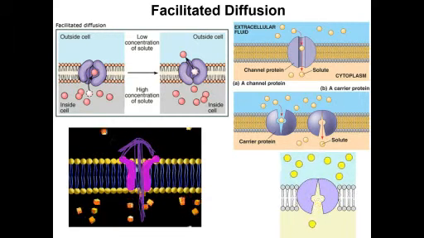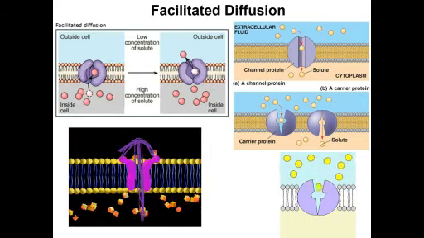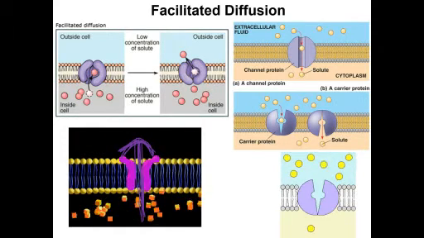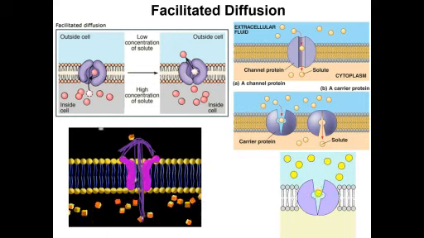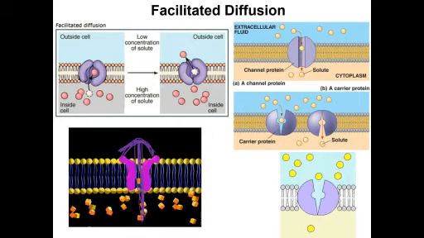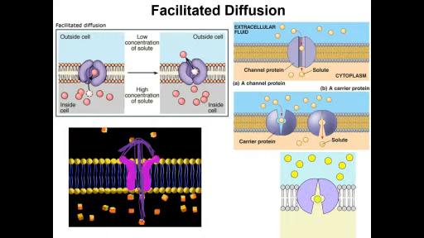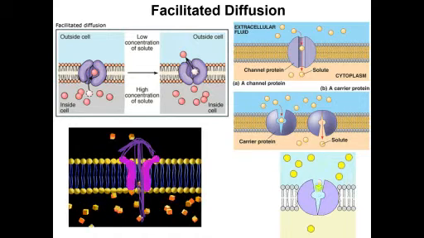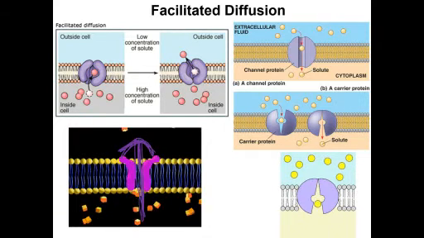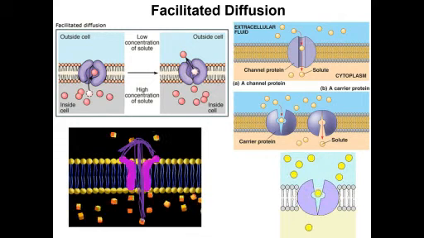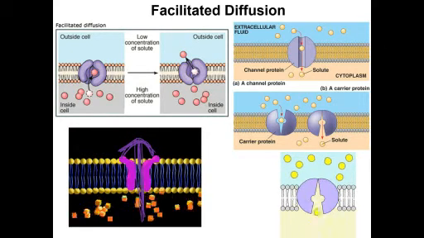Once bound, that transport protein opens up to the other side. So it's a little Pac-Man. It opens and closes and allows the movement of the solute particle. Now, your transmembrane proteins that are involved in facilitated diffusion are very specific. They transport very specific solute particles across the membrane.